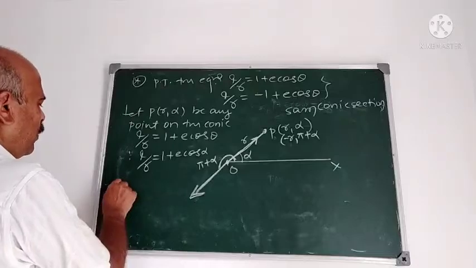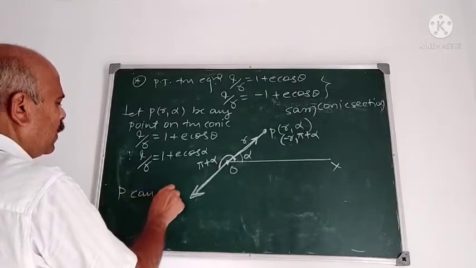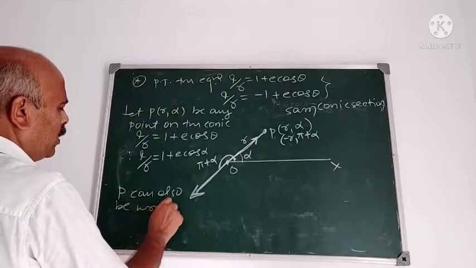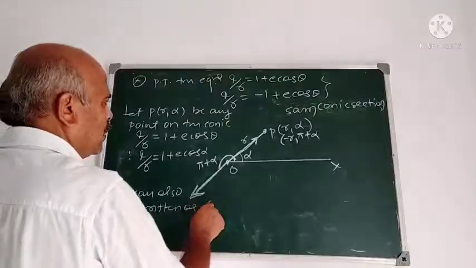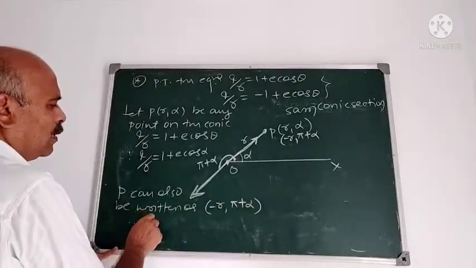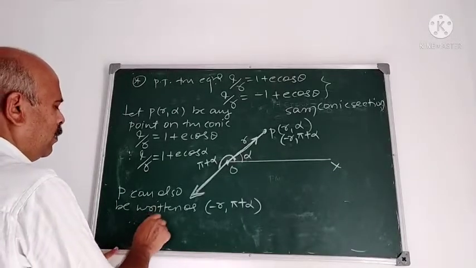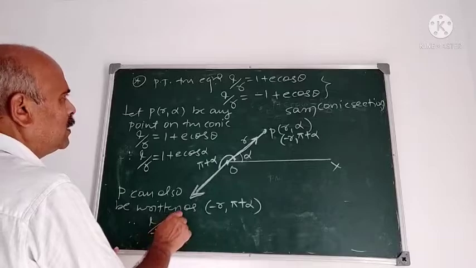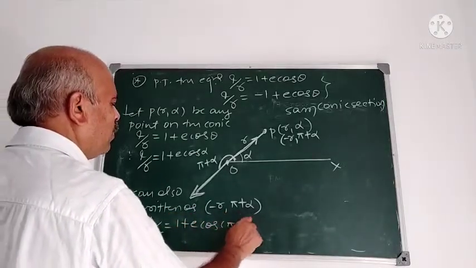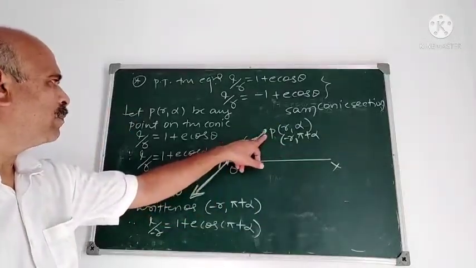Now P can also be written as (minus r, pi plus alpha). Therefore l by minus r is equal to 1 plus e cos (pi plus alpha), because this (r, alpha) lies on the conic section.